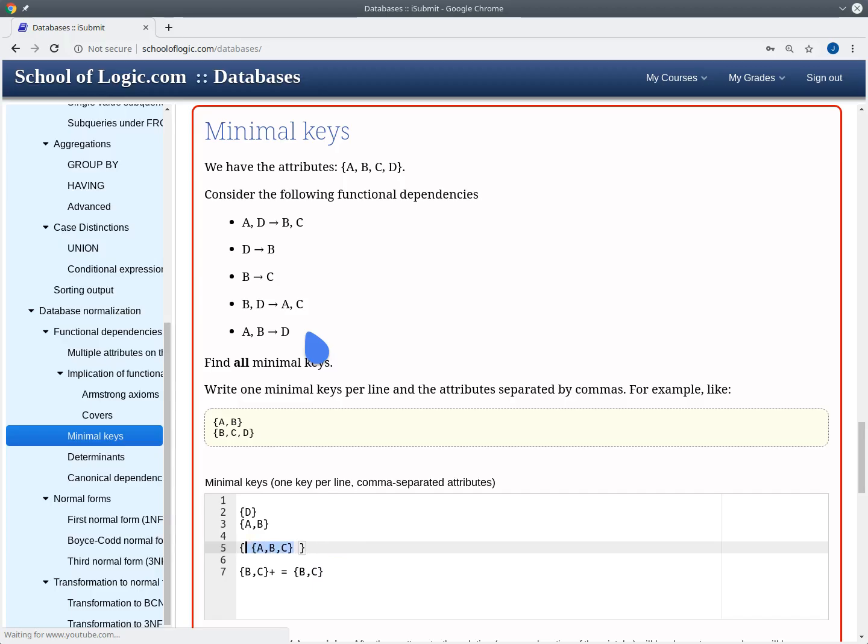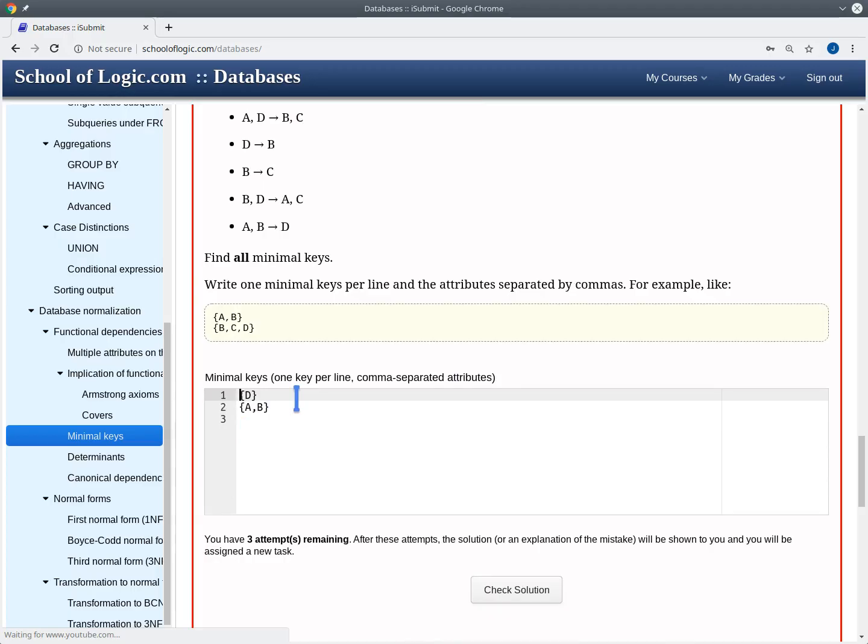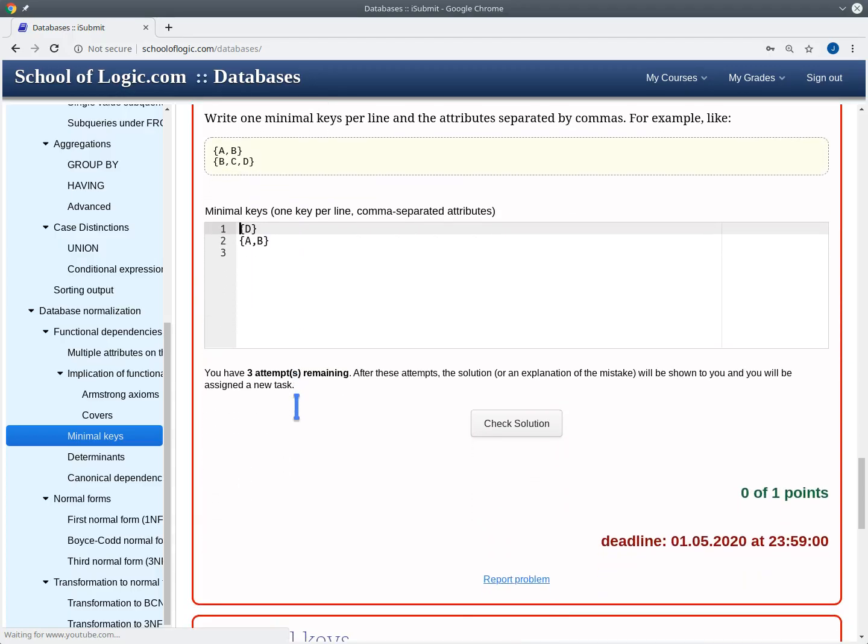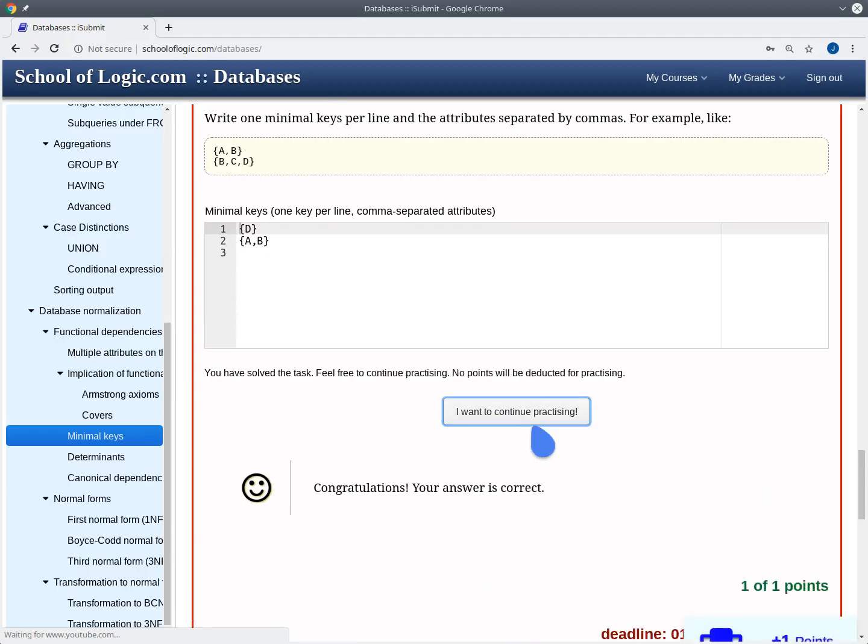The extension with A contains a minimal key AB, so we also don't need to consider it. So we have found two minimal keys, D and AB. Let's check whether this is correct. Yes, our solution is correct.